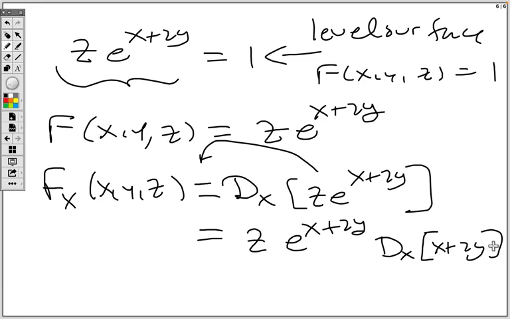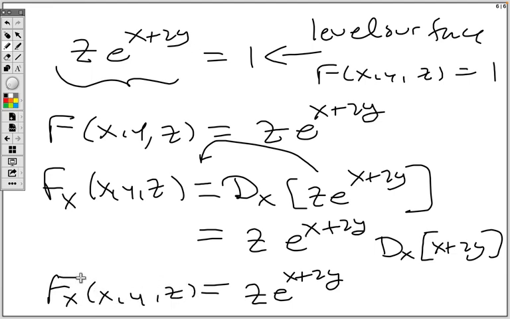What's the derivative of the y part? 0. Right, so there's my fx. And this is continuous. Right, it's built up of continuous functions, so fx is continuous.